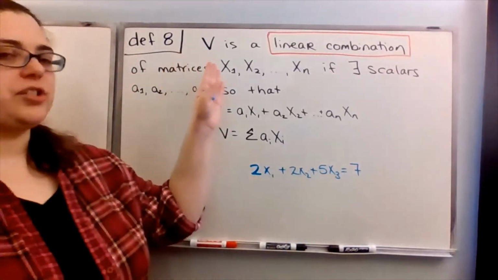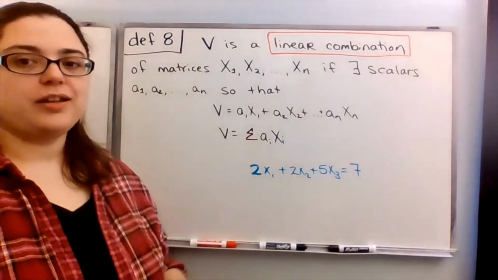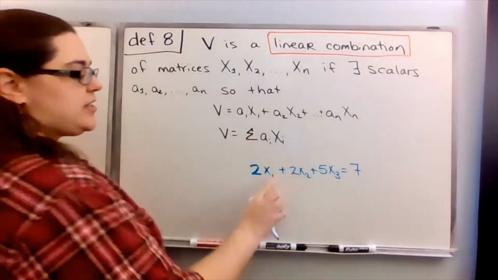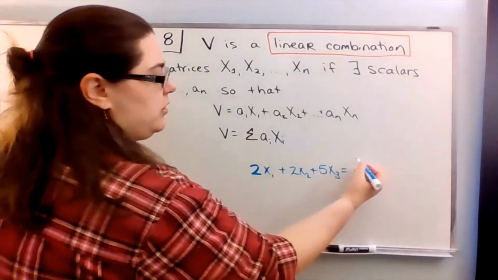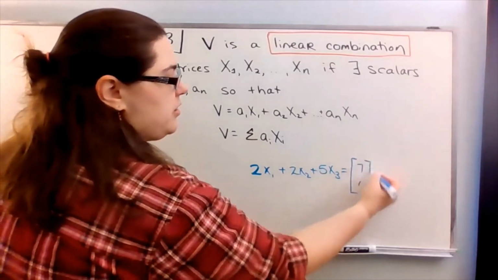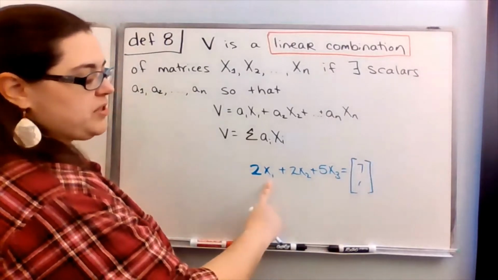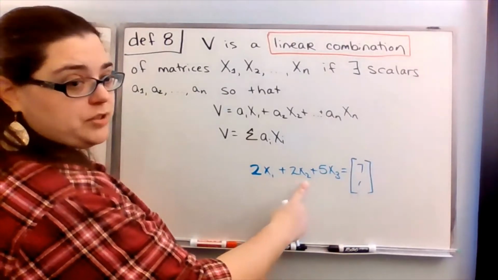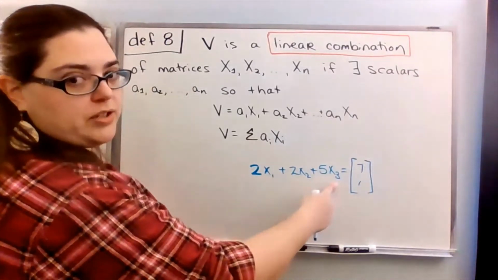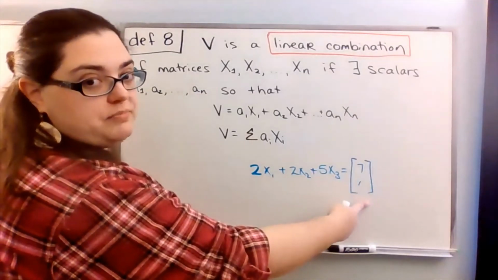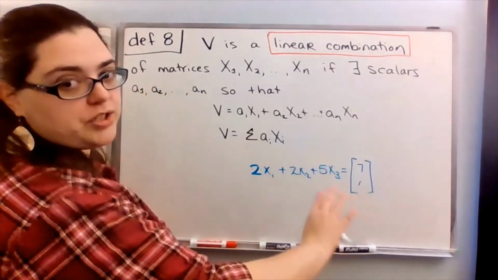A linear combination of matrices is the same thing, except instead of numbers, our objects are matrices. So we might have 2 times a matrix plus 2 times this other matrix plus 5 times this third matrix is equal to a matrix. That's all that a linear combination is going to be.